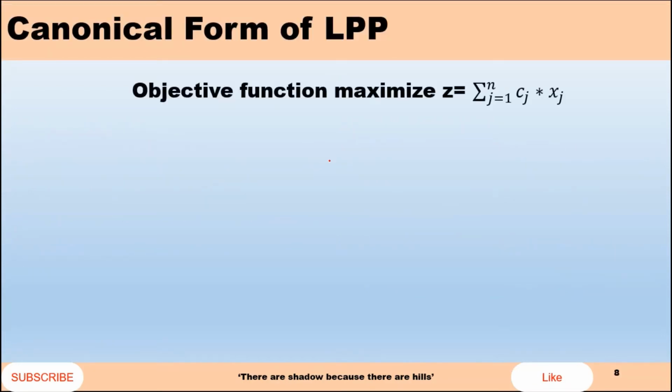In standard form, the right hand side of each constraint should be non-negative. Now what is canonical form? As per the discussion, we have seen the characteristics of canonical form, right? So the objective function is always of maximization type only.